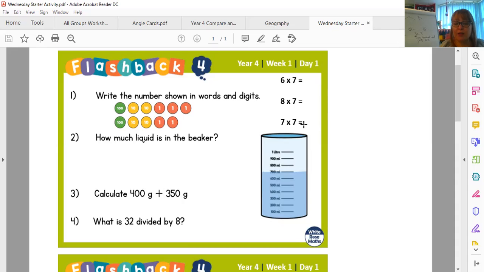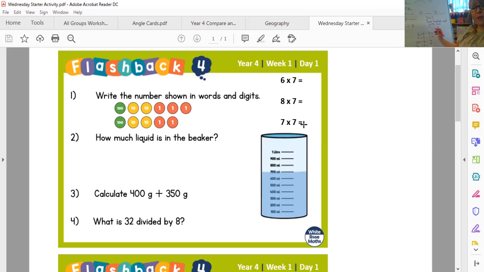Right, so question 1, the answer is we've got 200s, 4 tens, and 5 ones. So what does that make? Exactly, 245.